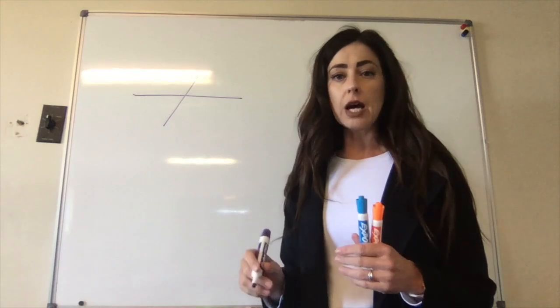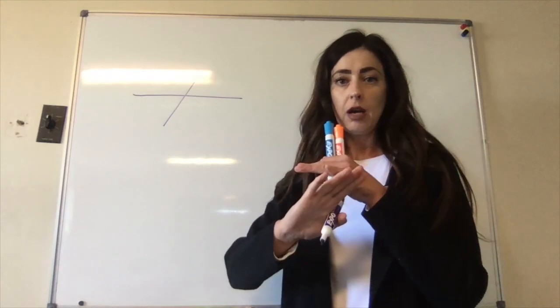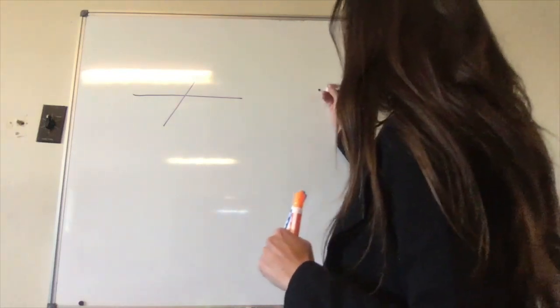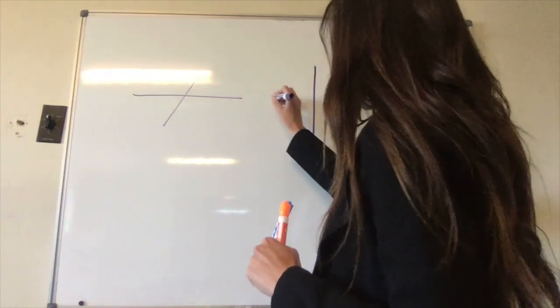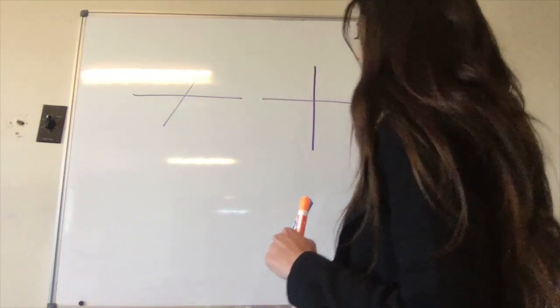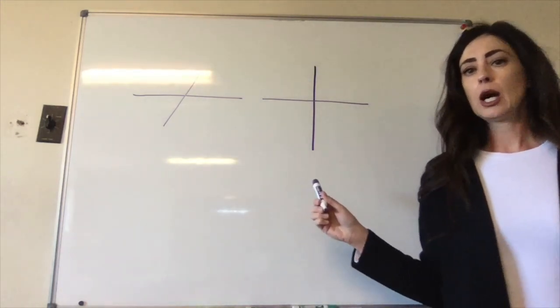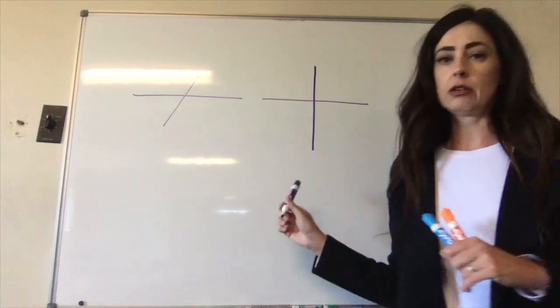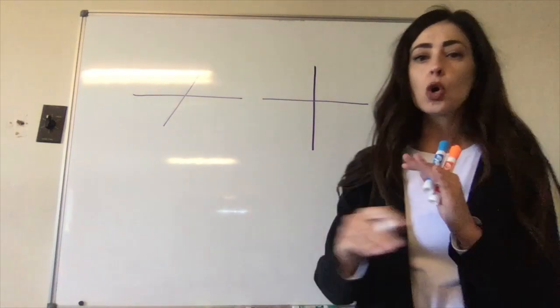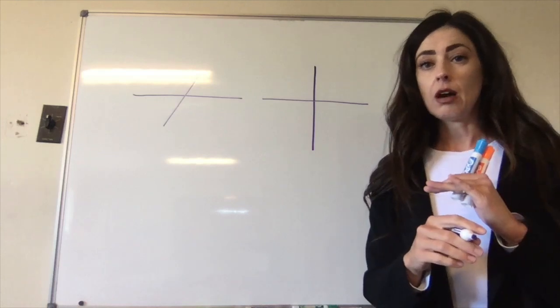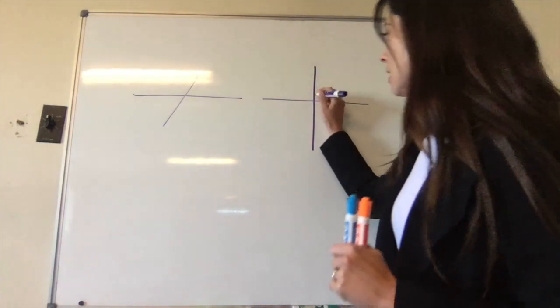It's 2 lines that cross anywhere on either of the lines, okay? And then a more specific type of intersecting line looks like this, okay? And these lines are called perpendicular. Perpendicular, okay? So perpendicular lines cross each other and make right angles on all 4 of those quadrants like we talked about, okay?